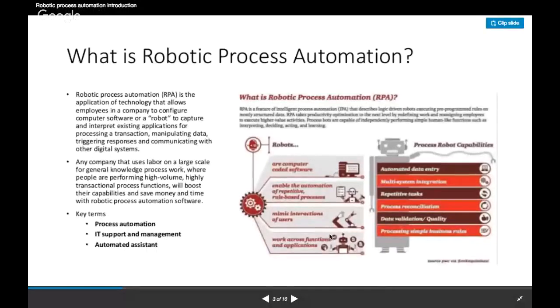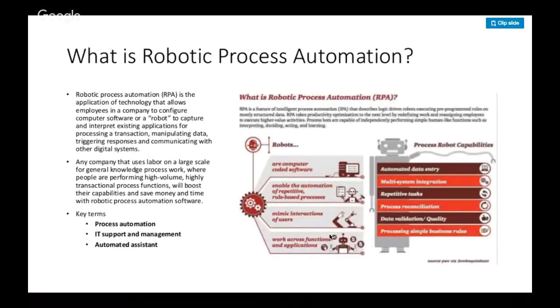One of the key aspects about the key terminologies that you would come across in robotic process automation, as I told, is that the so-called process robots we are talking about are best suited when you are doing automated data entry, or you have multi-system interaction, and the process is repetitive, and also you need some kind of process reconciliation.